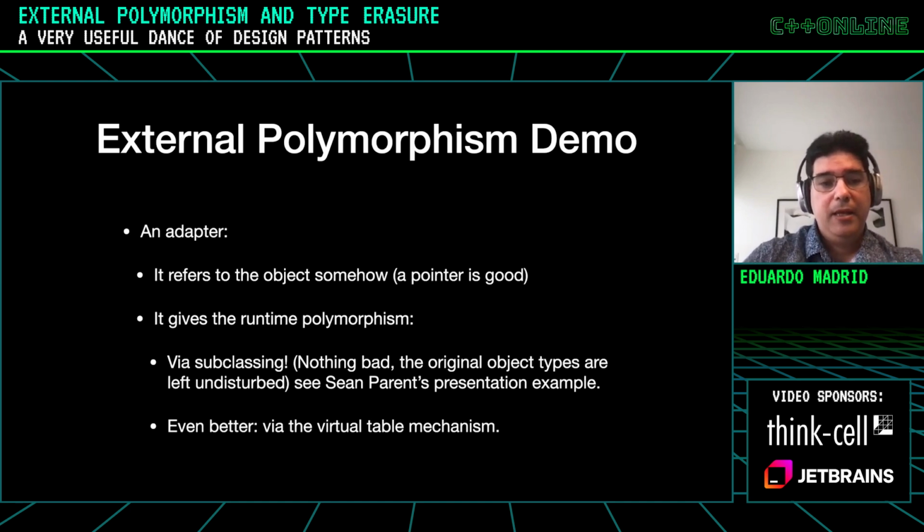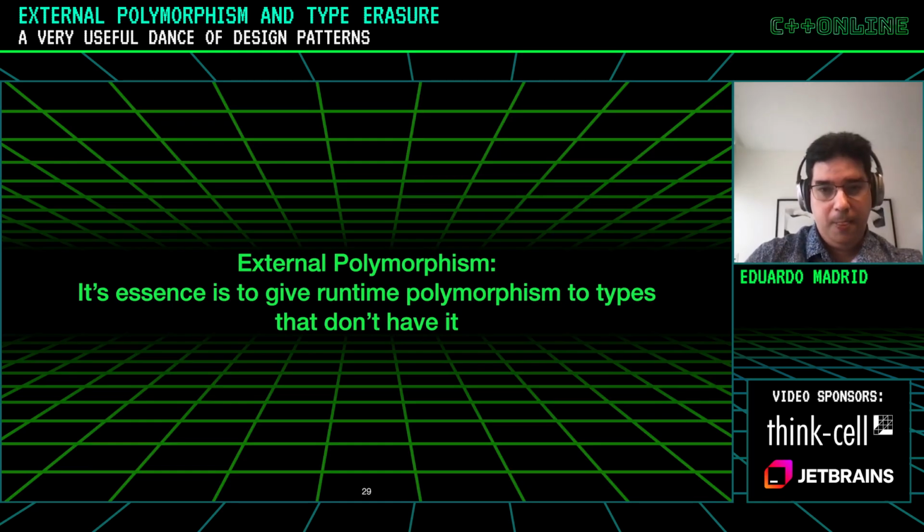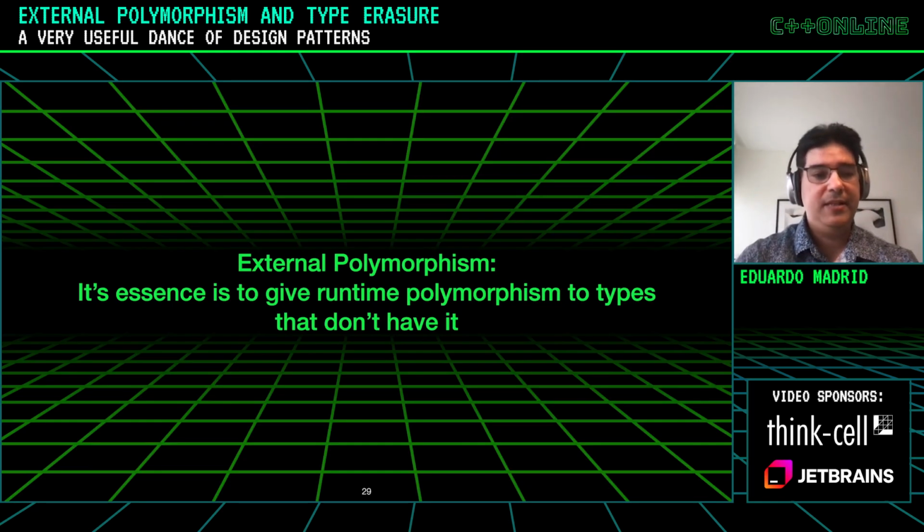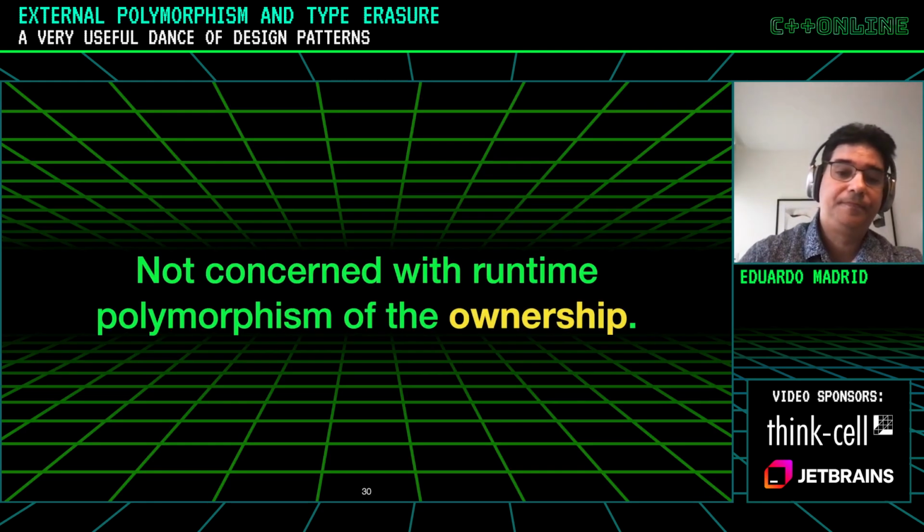Okay. This is the recapitulation, but I think that we can skip it because I think it was comprehensively explained. So to conclude this part of the presentation, we ought to appreciate that the essence of external polymorphism is to give runtime polymorphism to types that don't have it.